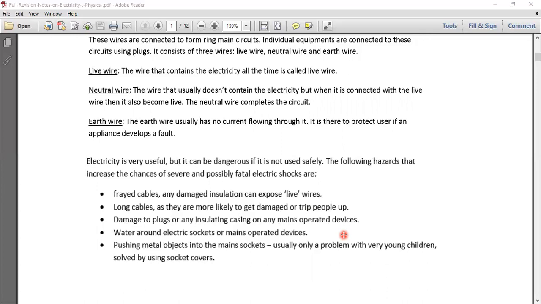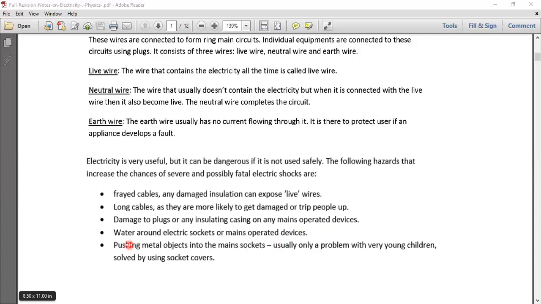Because if any fault develops, the device might cause a severe accident to the user. So if the device is broken or damaged in any place, make sure you repair it and then use it on the electrical supply.